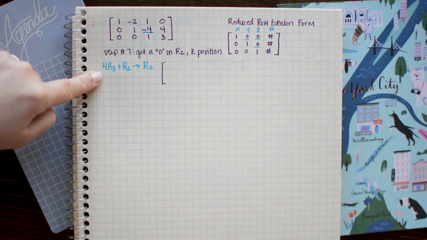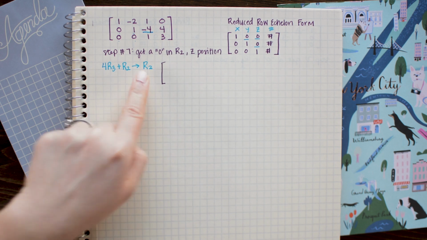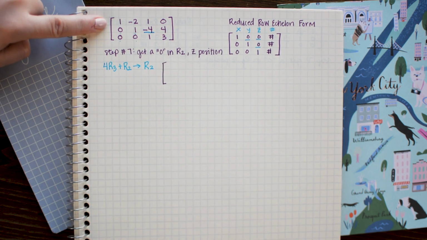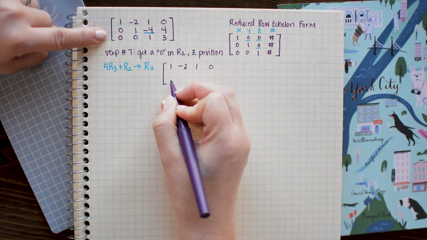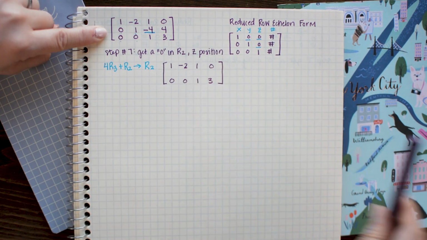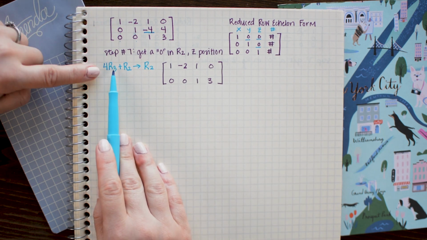Just like before, I will copy down the rows that I'm not going to change. So since row 2 is the only one changing, I am just going to copy down rows 1 and 3 first. Now I am going to take 4 times row 3 and add it to row 2.